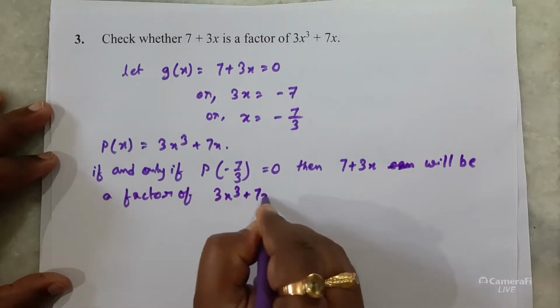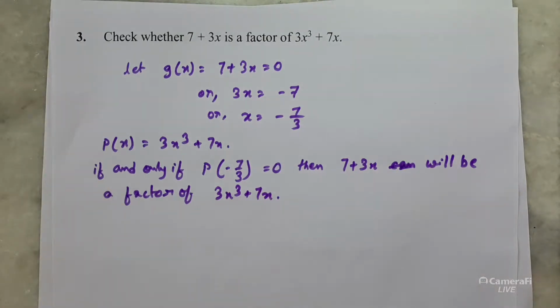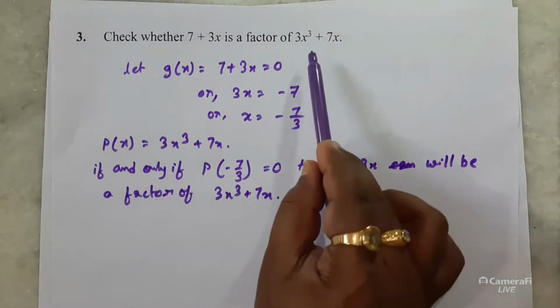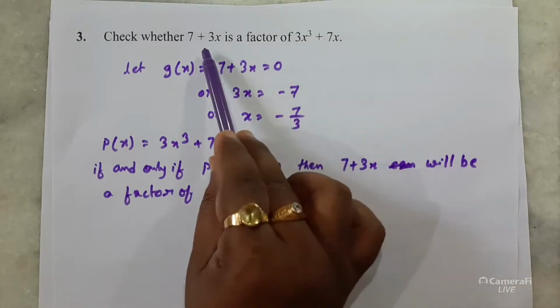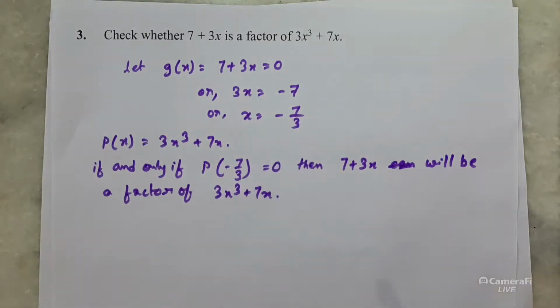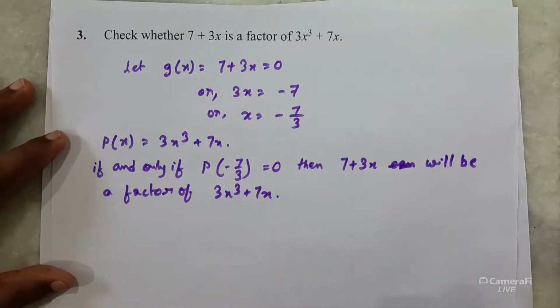3x cube plus 7x. Okay, remember students, since you know the factor theorem also, in case of this kind of question, remainder and factor theorems are equal, but in order to be a factor, the remainder should be 0, then it is exactly divisible by the divisor.